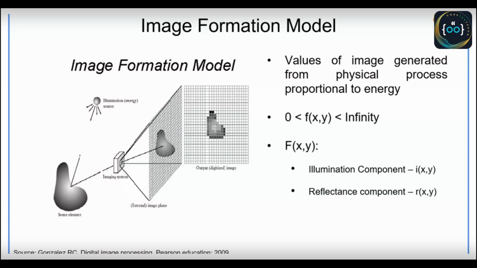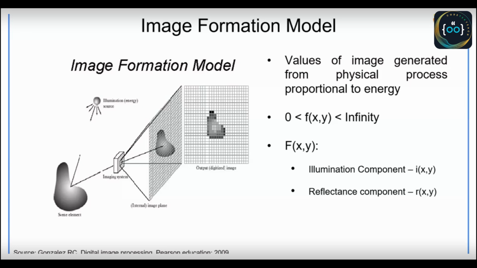We have already seen that f of x, y lies between 0 and infinity, and r of x, y lies between 0 and 1. When the reflectance component is 0, we have total absorption, and when it is 1, we have total reflectance.